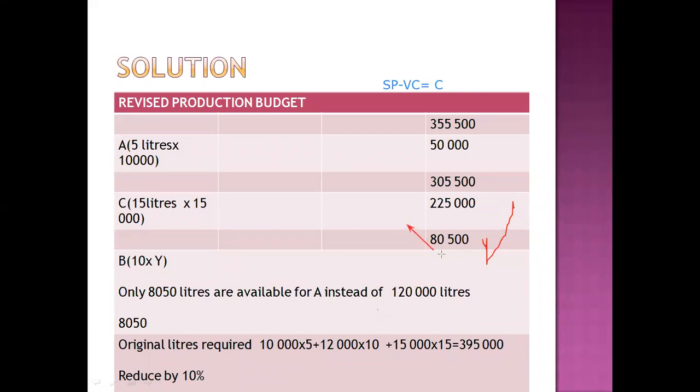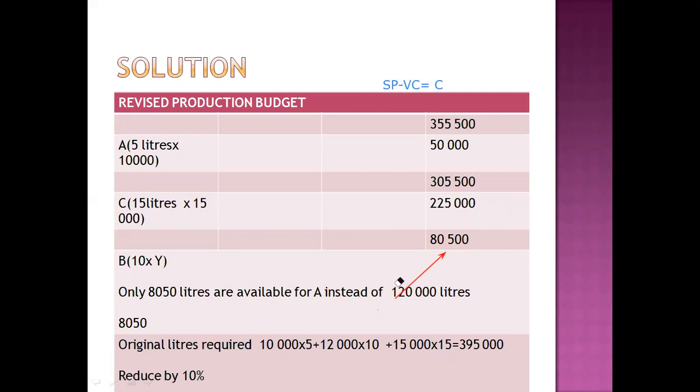The problem here is we need to produce 120,000 units for, let me remove this one, we need to produce 120 units for A. A, remember, it's ranked, not A. This must be B. Okay. This must be our B, right?